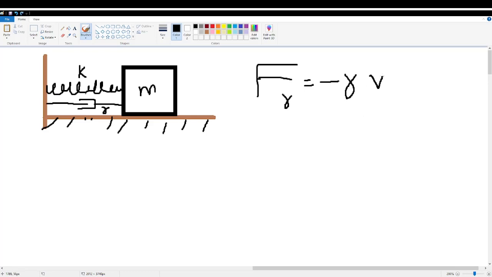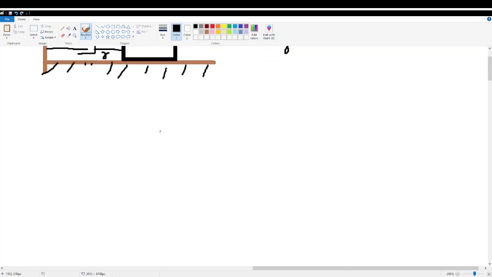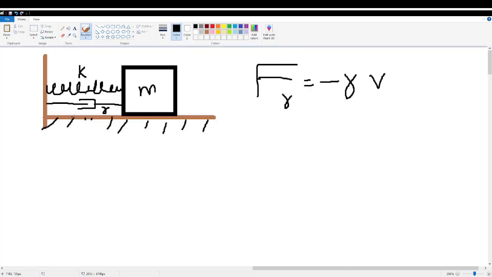Let's rewrite that v so it's legible, of your velocity. Again, how do we interpret this? The faster you're moving in one direction, the harder the damper is providing a force in the other direction to slow you down.